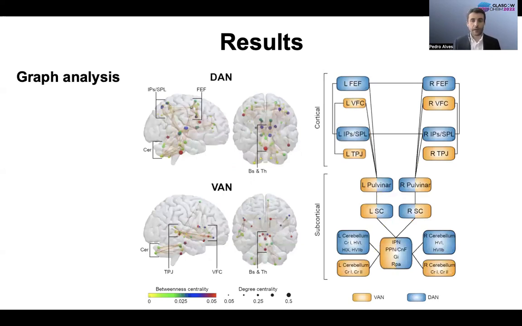In addition, the graph analysis revealed that these subcortical nuclei have high values in terms of betweenness centrality and degree centrality, showing that these nuclei don't seem only to belong to these networks, but also they seem to play a core role in their organization.